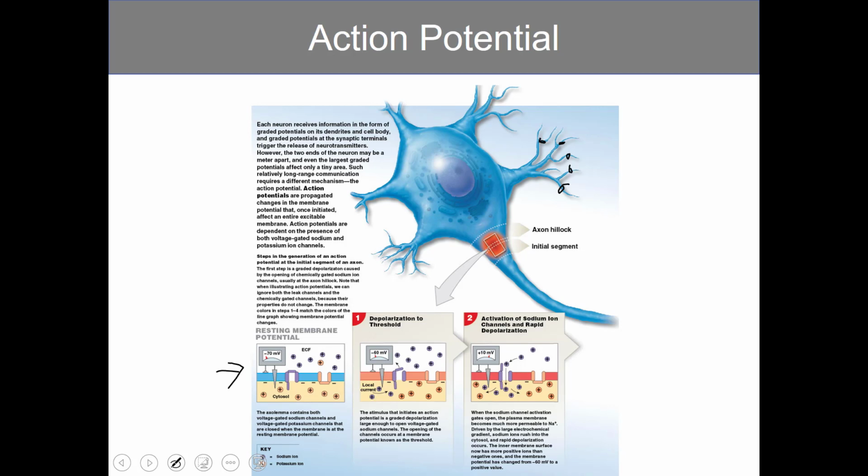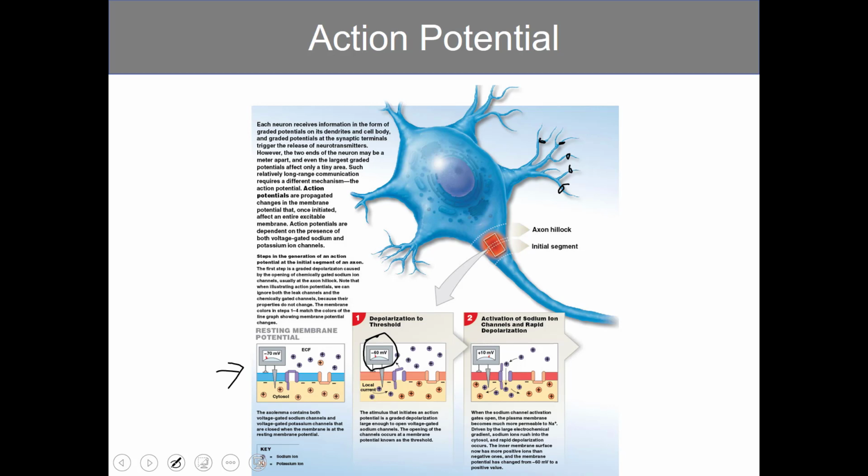Step 1, you get a depolarization to threshold. So if a graded potential is strong enough to reach that threshold, that negative 60 to negative 55 millivolt transmembrane potential, then you get the activation of an action potential. Step 2, activation of sodium ion channels and the rapid depolarization.